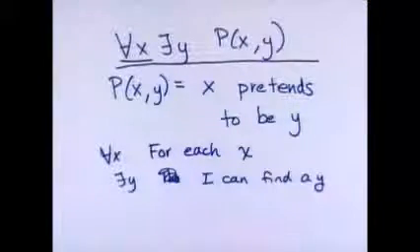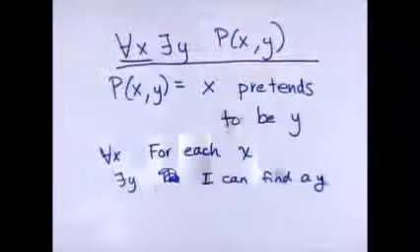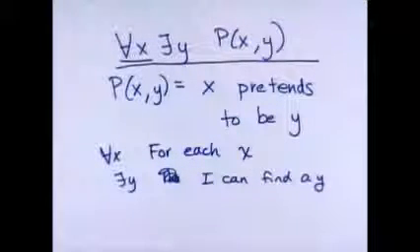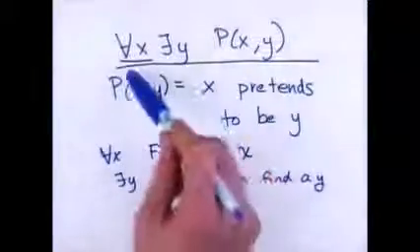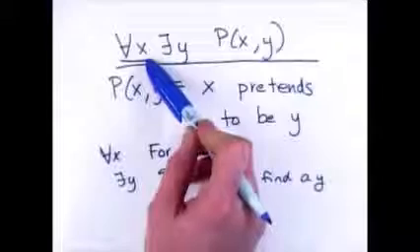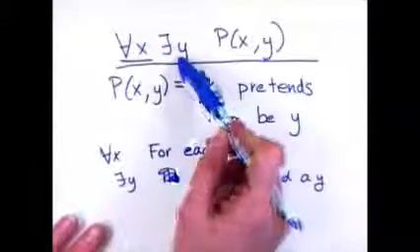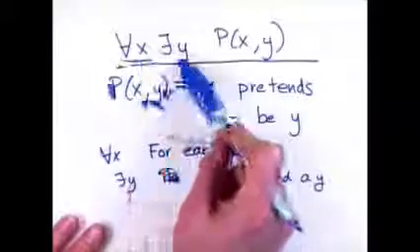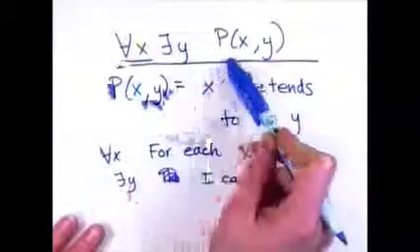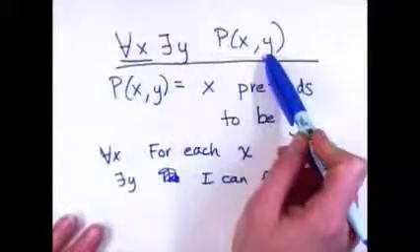Now in this case, if p of xy is x pretends to be y, and let's say that x and y are people, then for each person x, I can find another person y so that x has pretended to be y.